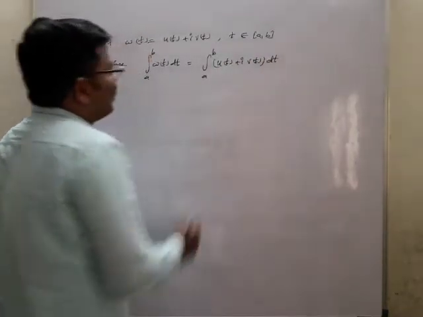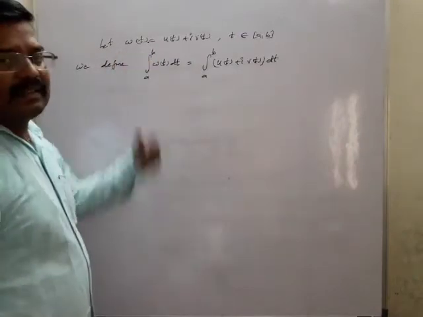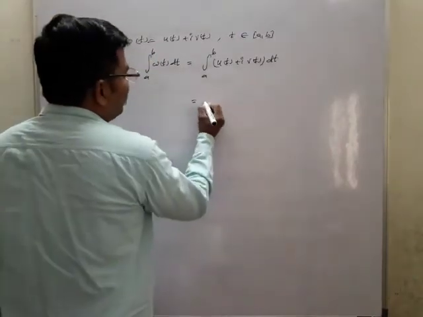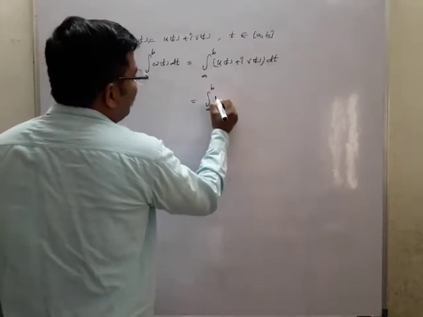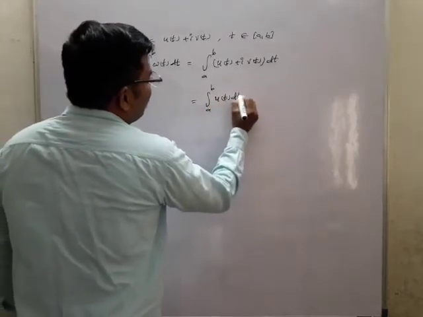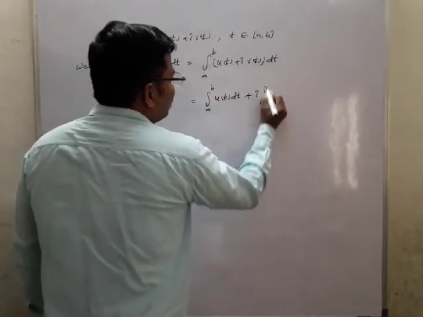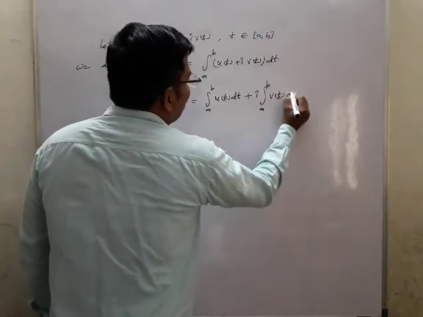Now this is how we integrate w of t. This is nothing but the integral from a to b of u of t dt plus i into the integral from a to b of v of t dt.